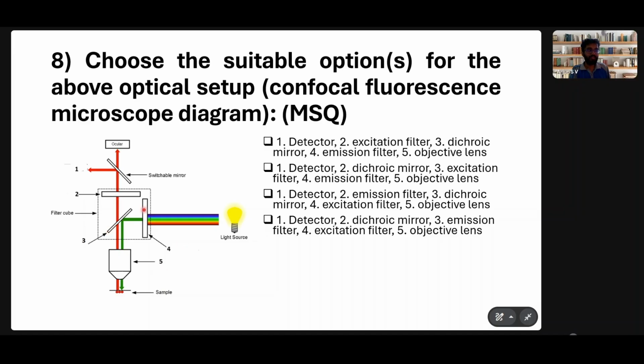From all the previous lectures we can see that 3 is the dichroic mirror. So options with 2 and 4 as the dichroic mirror are pretty much eliminated, and only options 1 and 2 are remaining here.